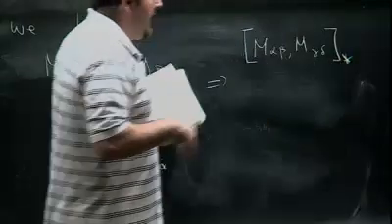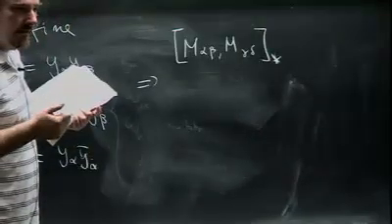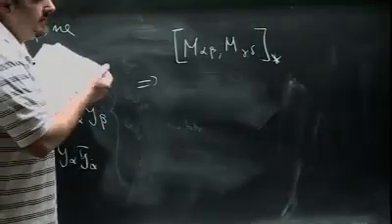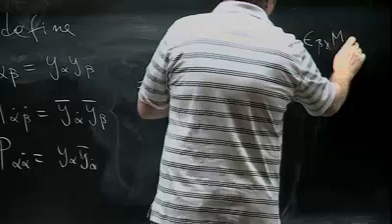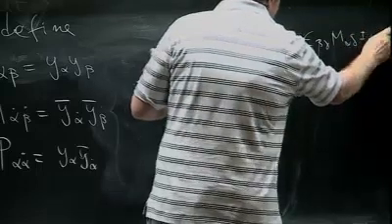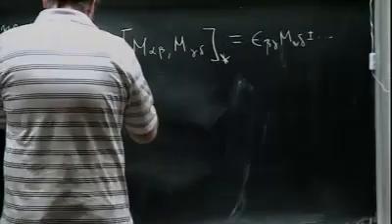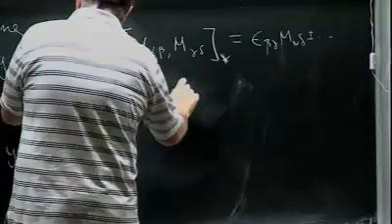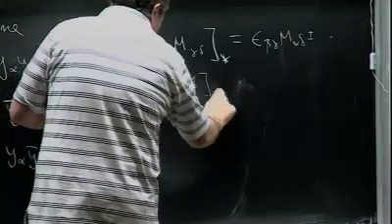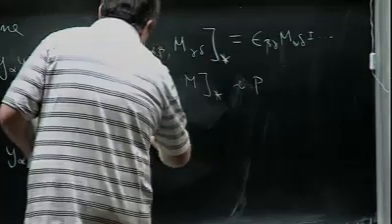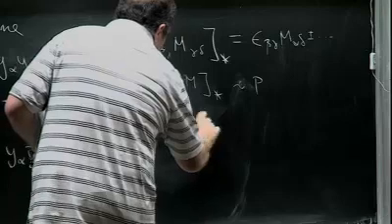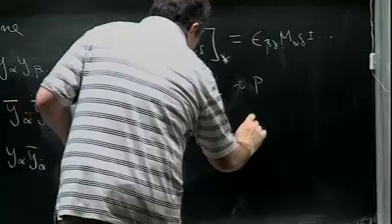What before was an abstract Lie algebra commutator is here realized explicitly as a star commutator. M alpha beta with M gamma delta gives epsilon beta gamma M alpha delta plus other terms, and P with M star commutator gives a P, and P with P star commutator gives an M.